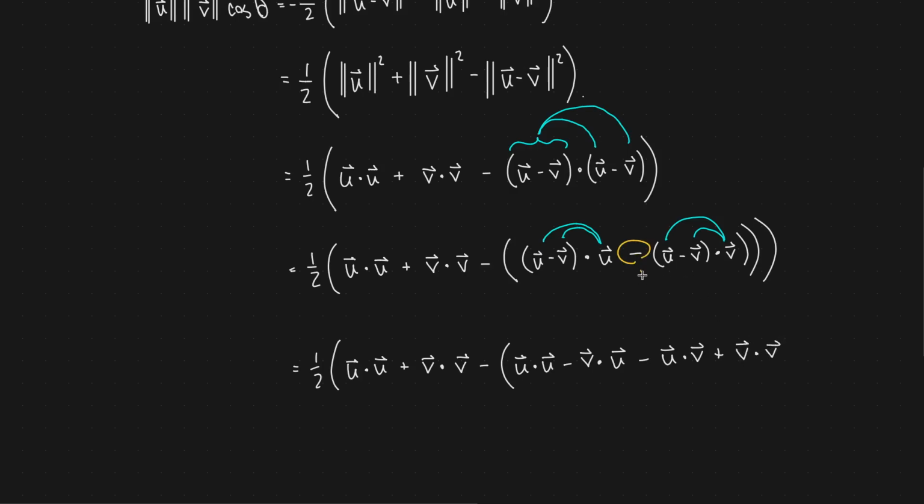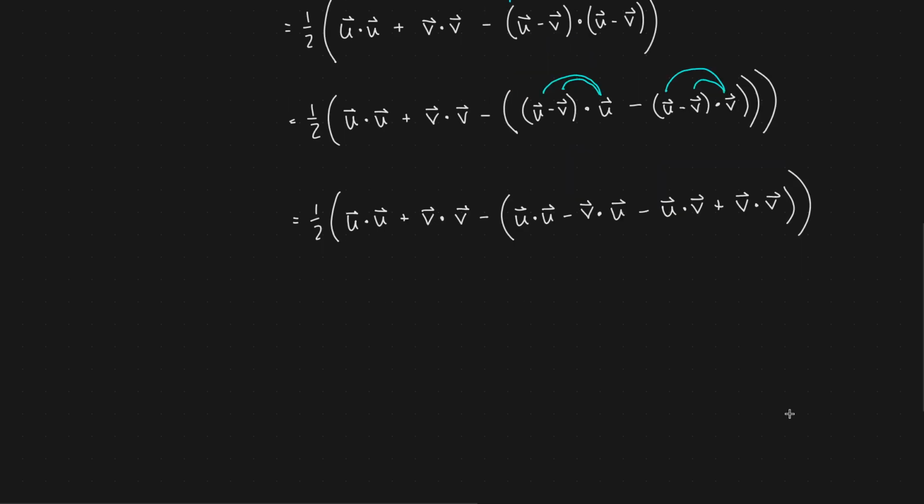And here I also distributed the negative, right? And now we could start combining terms. I have u dot u and I have minus u dot u. Those are going to cancel. I have v dot v, and then I have minus v dot v. Those will also cancel.